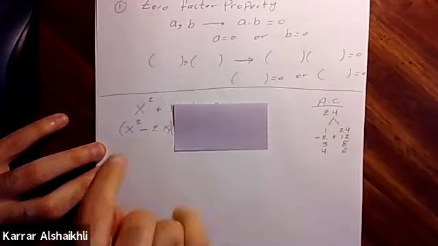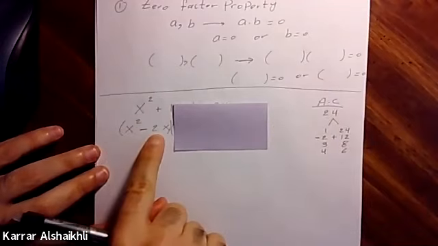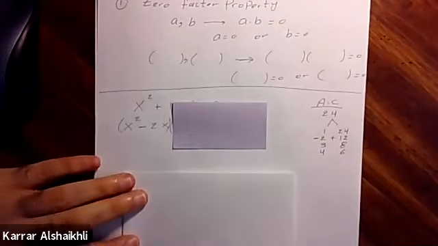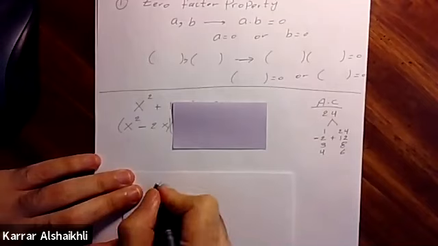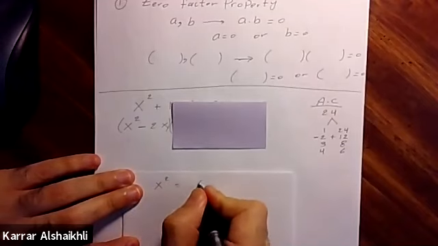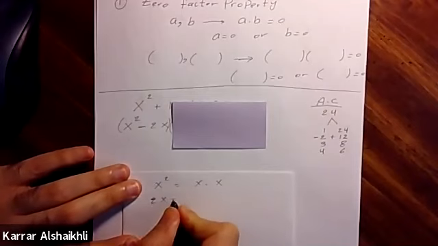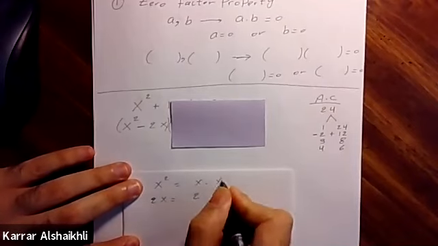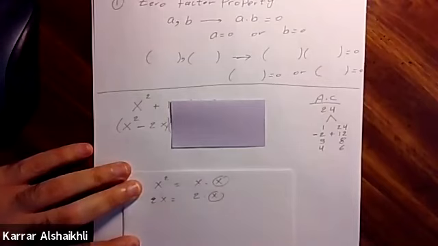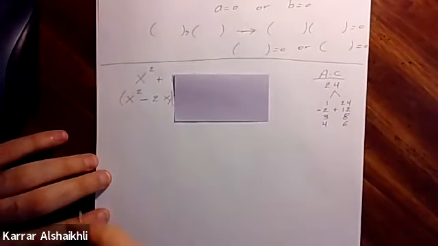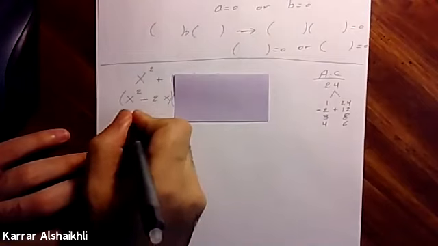What's the common between x squared and 2x? I'm going to do this one on the side. x squared is x times x, and 2x is 2 times x. So the common is the x, and I'm going to take the x out. Open parentheses.